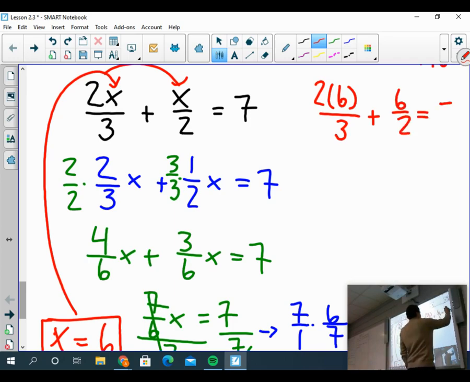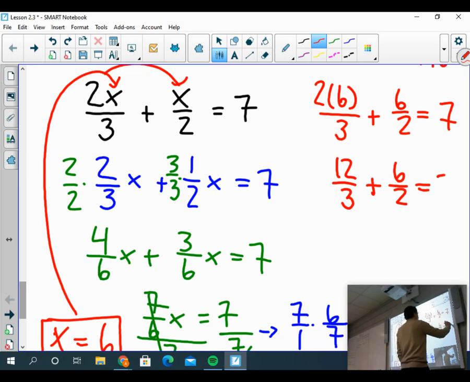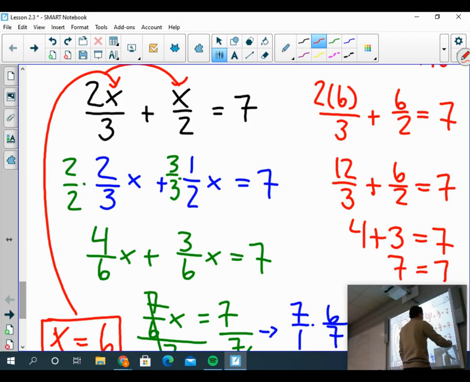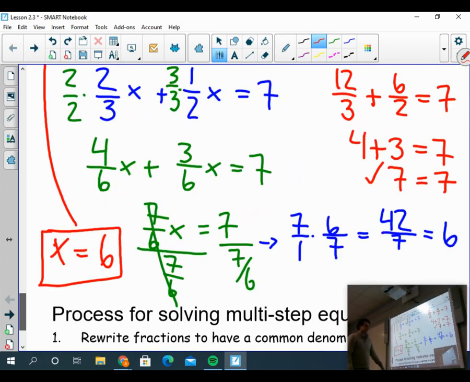And that should equal 7. 2 times 6 is 12. So I have 12 divided by 3 plus 6 divided by 2. 12 divided by 3 is 4. 6 divided by 2 is 3. And I have two sides that are equal, meaning my solution is correct.